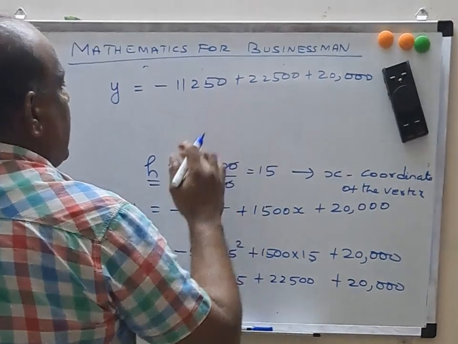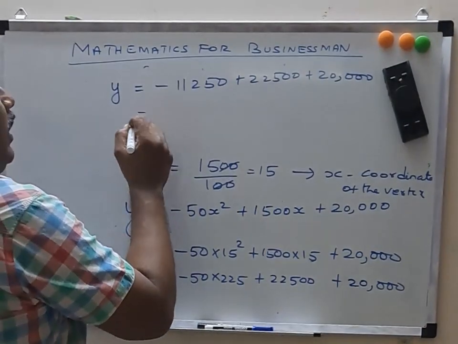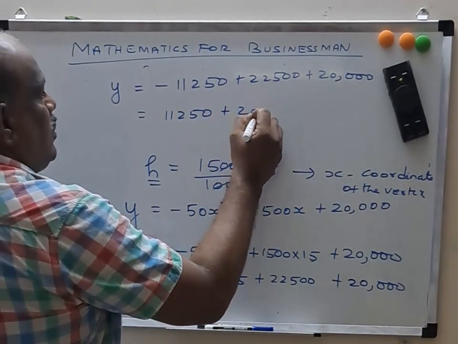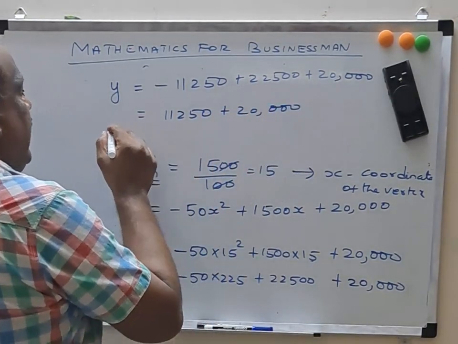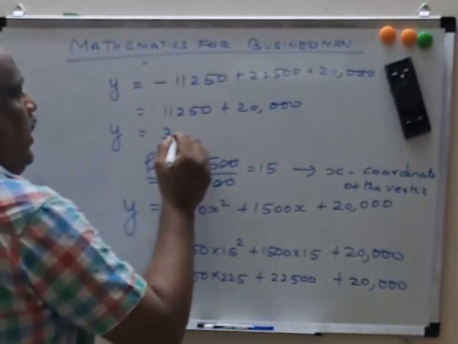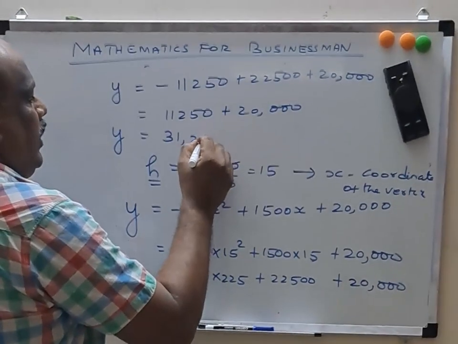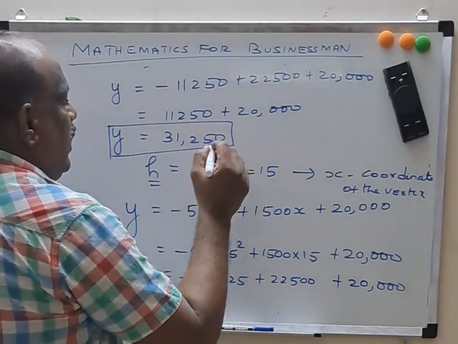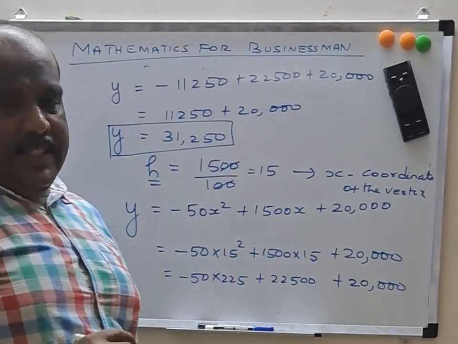These two things we can subtract, and I will end up with 11,250 plus 20,000. So the total income y will be 31,250. The bus owner can get a maximum income of 31,250 rupees.